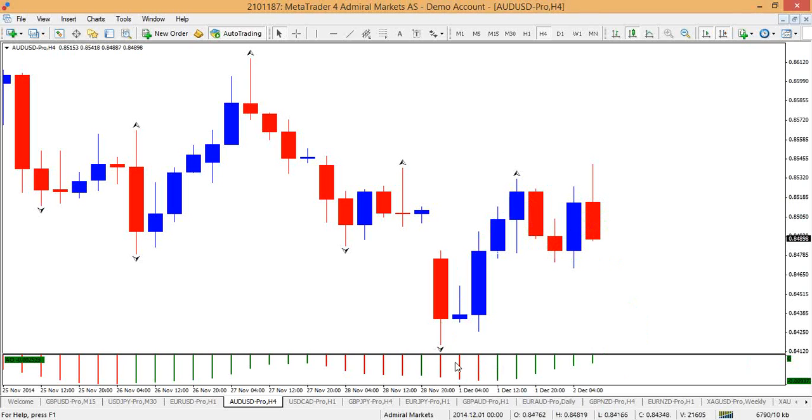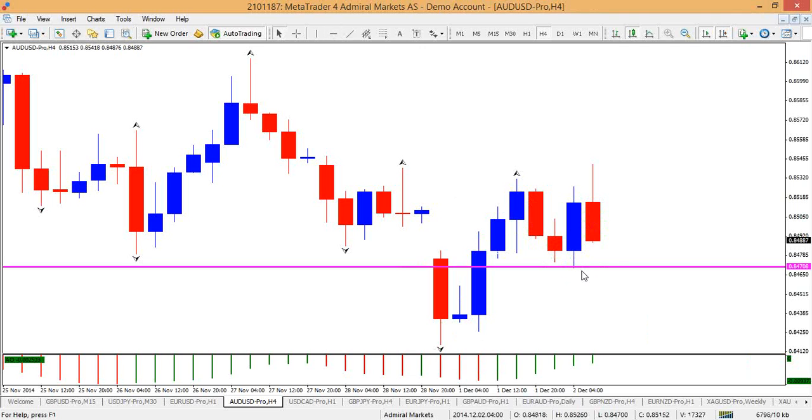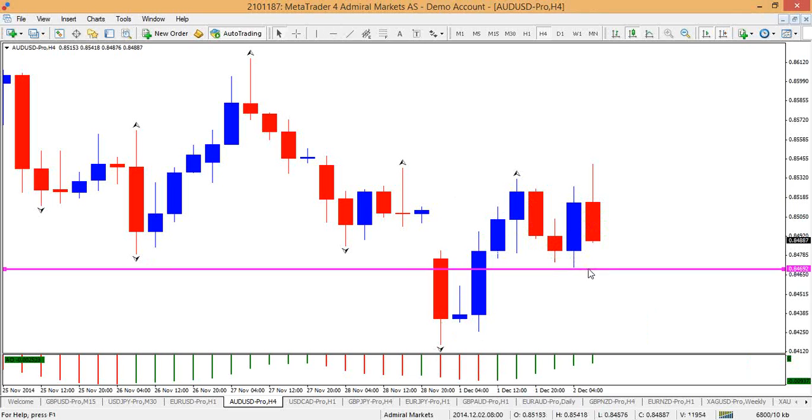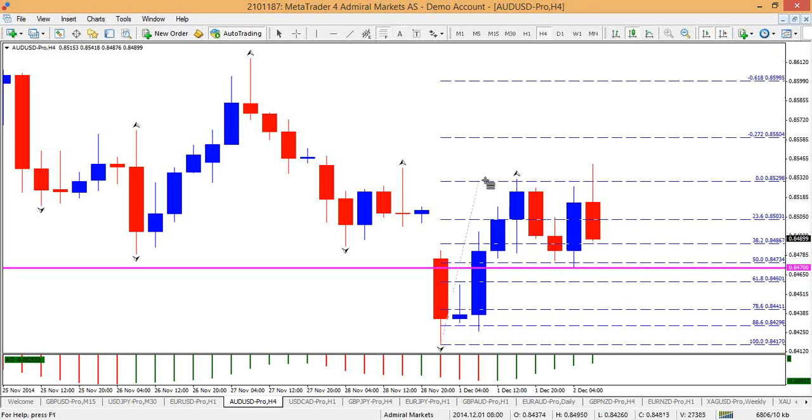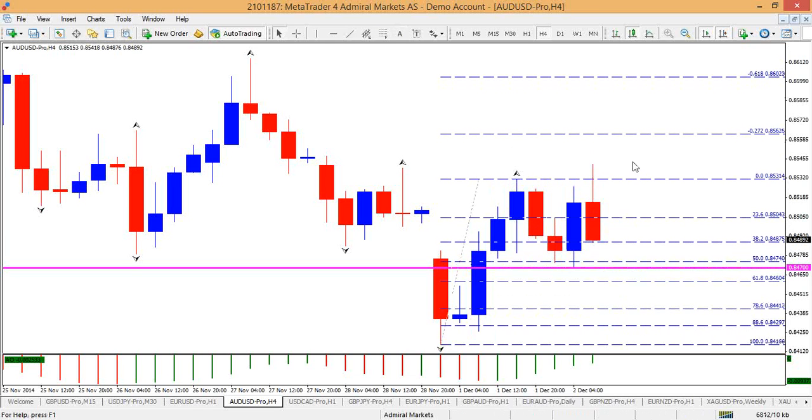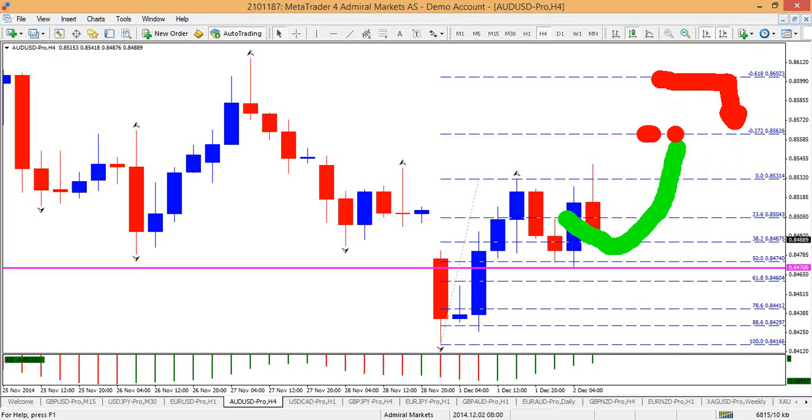So I'm going to keep an eye on how price reacts when it approaches this bottom. Key level 1 is the low of the engulfing twin. Key level 2 is putting a fib from here to here and looking at the minus 272 target and the minus 618, because if it does make that, I'll be very interested in shorting it, preferably at this resistance spot, the minus 618, maybe even the minus 272 target.